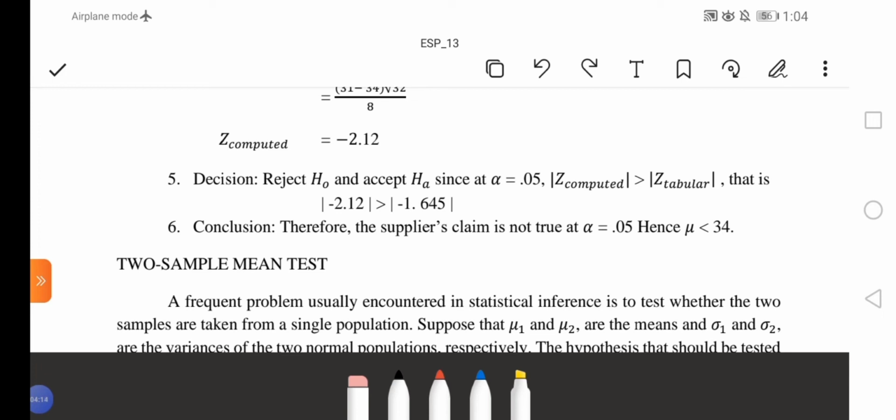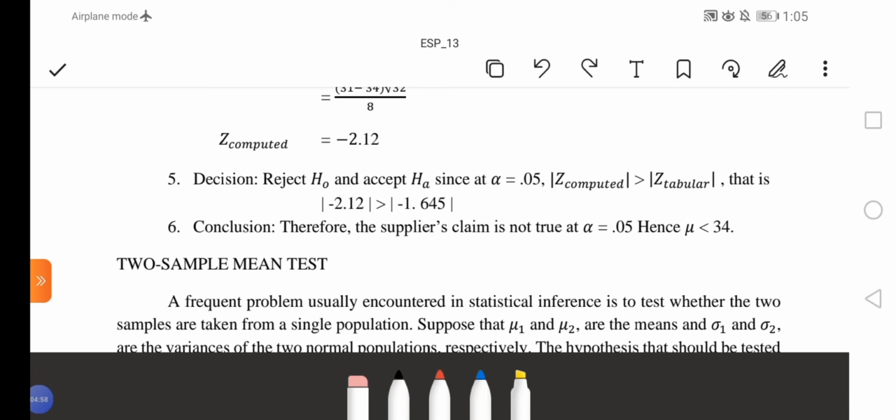Since at the level of significance 0.05, the absolute value of z computed is greater than the absolute value of z tabular, or that is, the absolute value of negative 2.12 is greater than the absolute value of negative 1.645. Kasi ang negative 2.12, ang absolute value niya is 2.12. So in the negative 1.645, the absolute value would be 1.645, and obviously mas malaki yung 2.12. That's why we need to reject the null hypothesis and accept the alternative hypothesis.